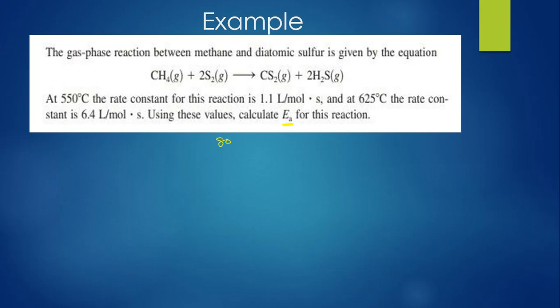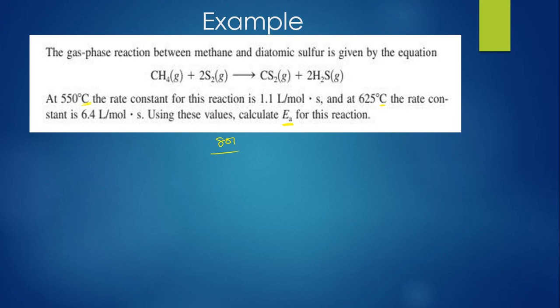So you can come up with solutions, and then here you need to come up with your data. Your temperature should be in kelvins, but it's in Celsius. As you can see, these temperatures are in Celsius, so you need to convert these temperatures to kelvins. You need to add 273. I know by this time you know how to convert.